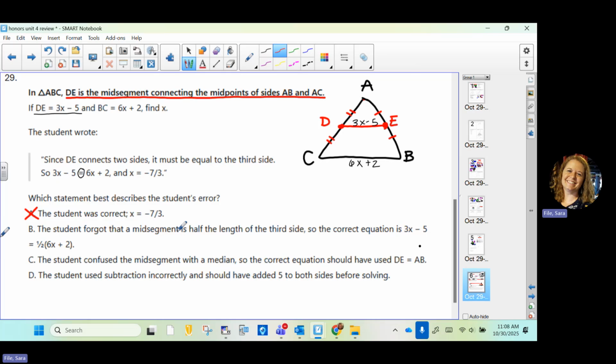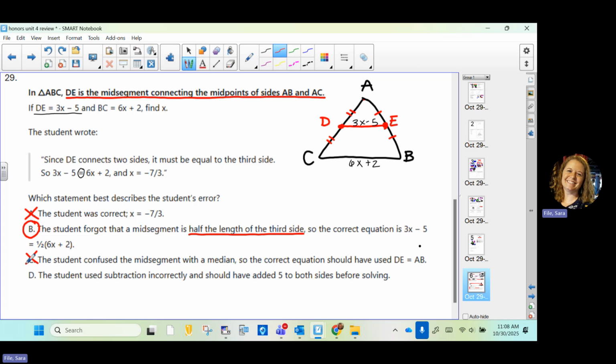The student forgot that a mid-segment is half the length of the third side. So the correct equation should be that 3x minus 5 is half of 6x plus 2. That's it. Okay, the student confused the mid-segment with a median. No. A median connects a vertex to a midpoint. That's not what this is.